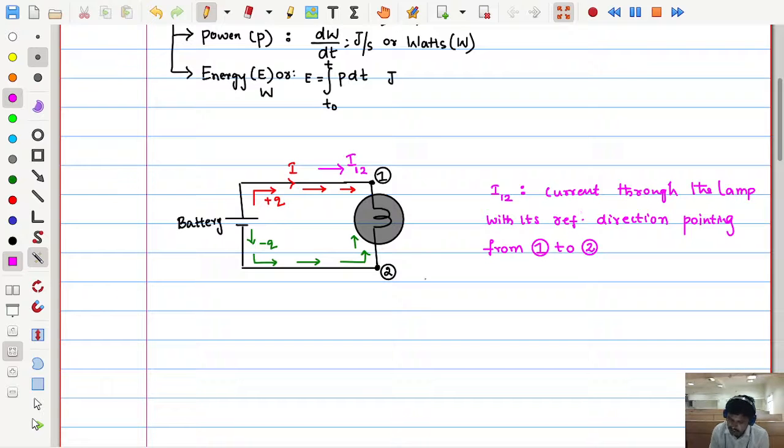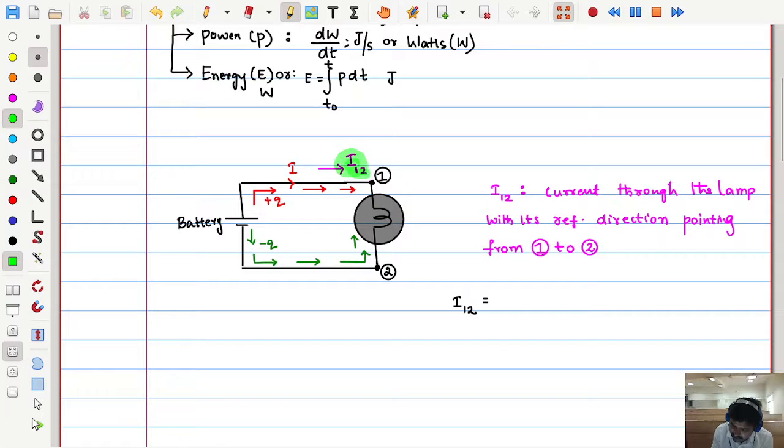So here can I say that I12 is the current which is passing through this lamp from point number 1 to point number 2. Observe that this red color indicated current is also passing through the lamp from point 1 to 2. That means this is the current which I would like to determine.